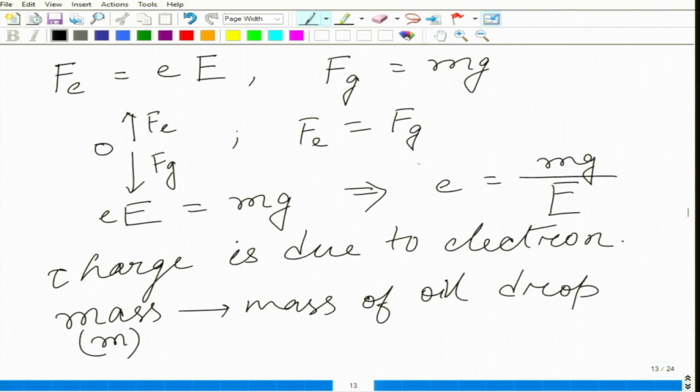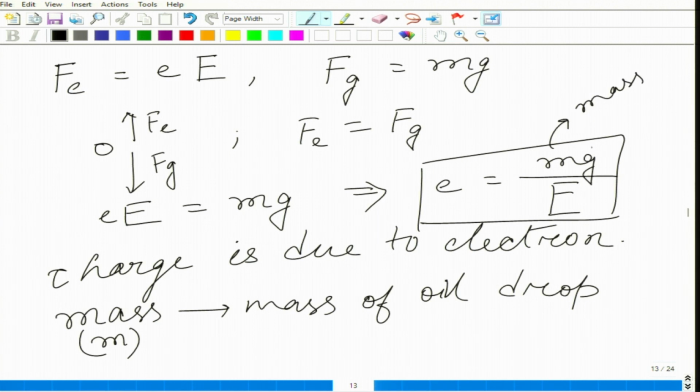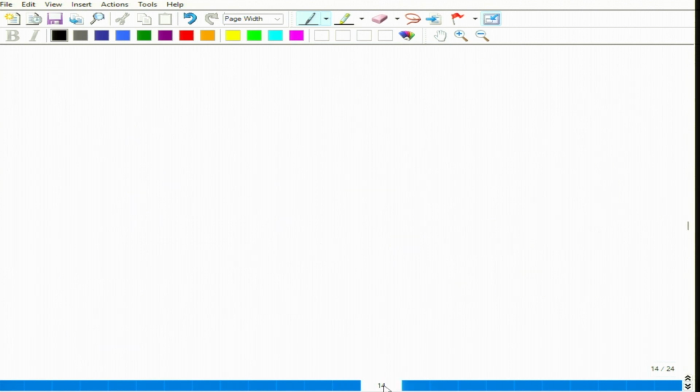Now in this formula we know the mass of the oil drop, we know the value of g, and the electric field is also known. So q can be easily calculated.